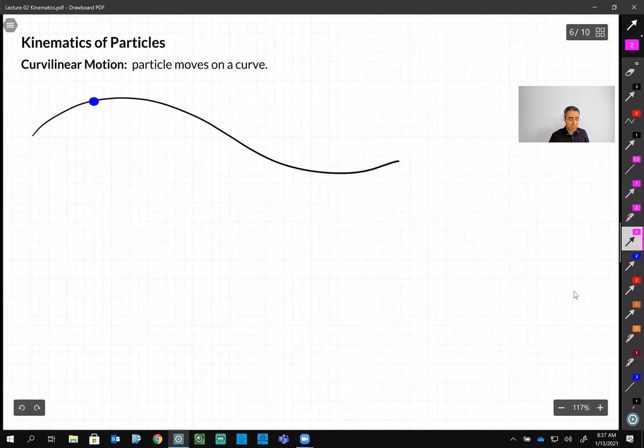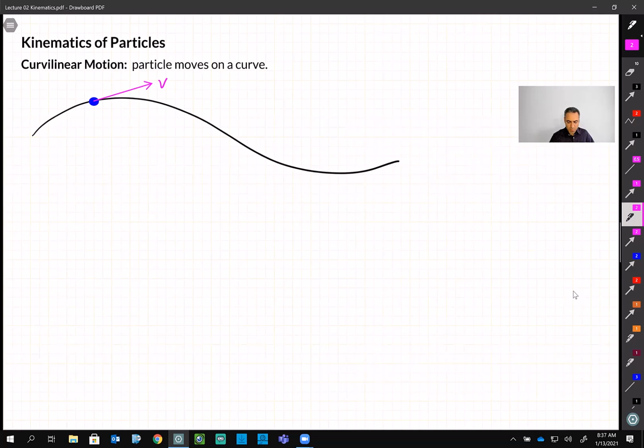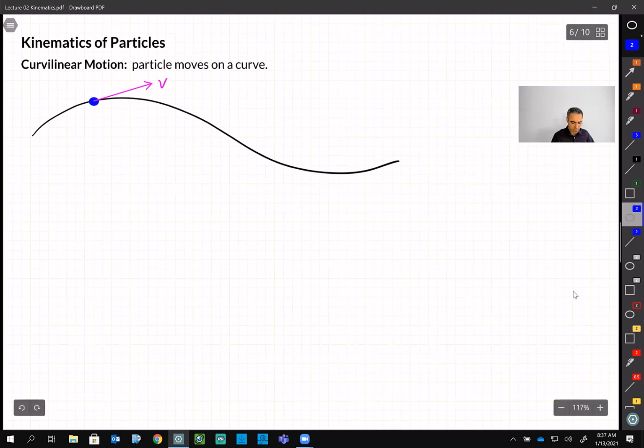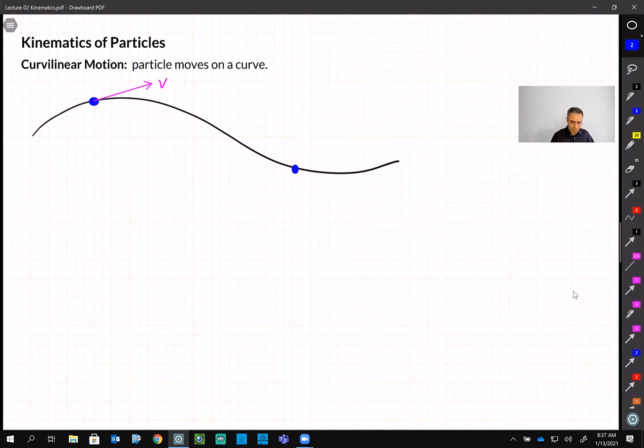Let's draw the acceleration and velocity for this particle. Keep in mind, velocity is always tangent to the path. So this is our velocity, V. Of course, it's a function of time, but I don't write t. Next, when this particle is moving, let's say it's coming down somewhere here, we'll see this vector changing its direction.